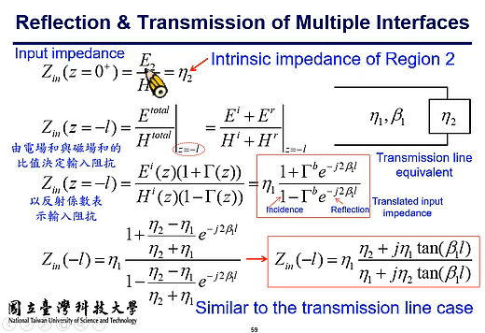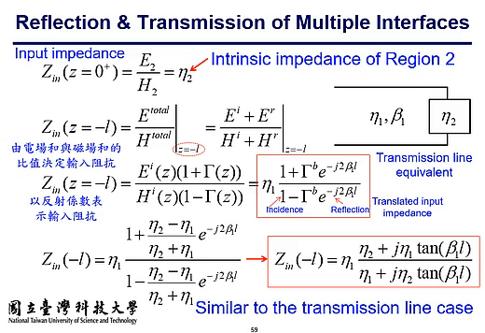This is important, and this can already be seen in your undergraduate electromagnetics. You definitely had this formula in your electromagnetics course in your sophomore or junior year, so in fact it's not that complicated. That is the input impedance at a position minus L, which can be written like this.